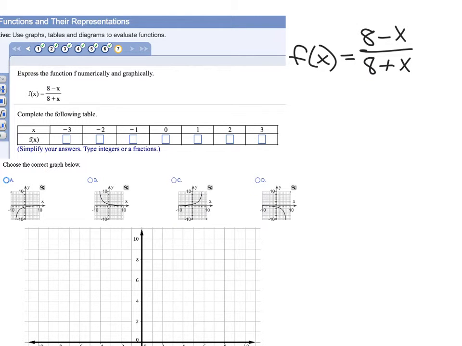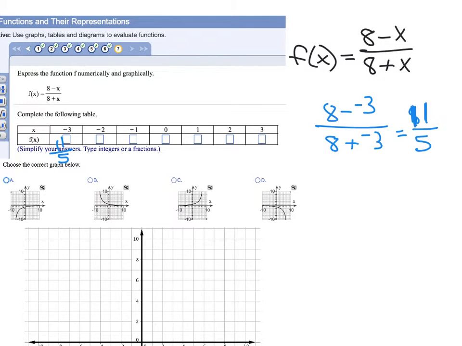So first we're going to do -3. So this becomes 8 minus -3 over 8 plus -3, and that gives us 11 over 5, and that's our answer. So that's our answer right here, 11 over 5.